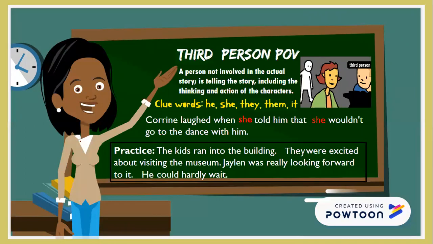Now let's look at the practice sentence that you will be doing. I'm going to read it. The kids ran into the building. They were excited about visiting the museum. Jalen was really looking forward to it. He could hardly wait. I want you to identify the words that will help you determine that this is written in the third person's point of view.